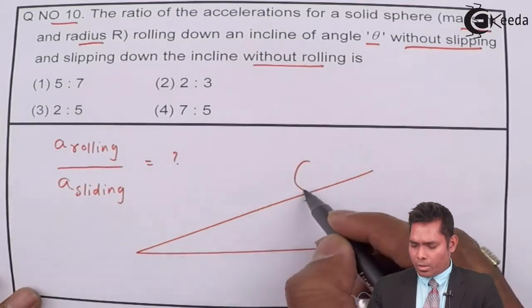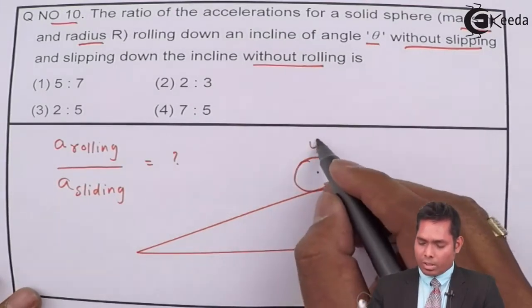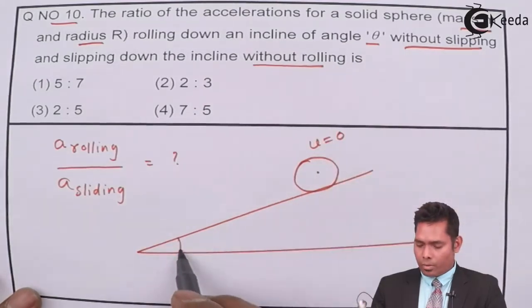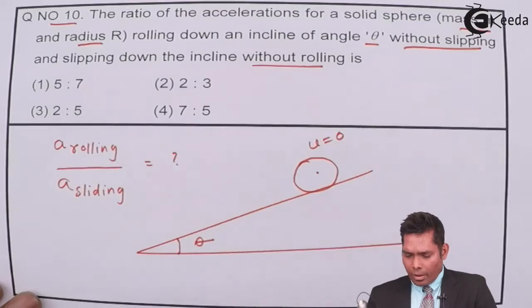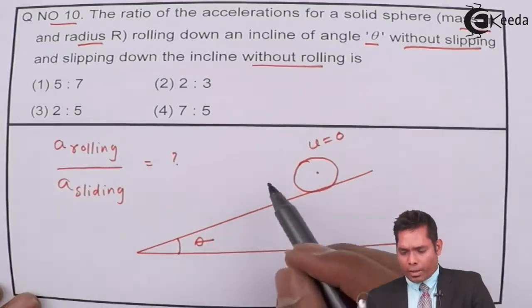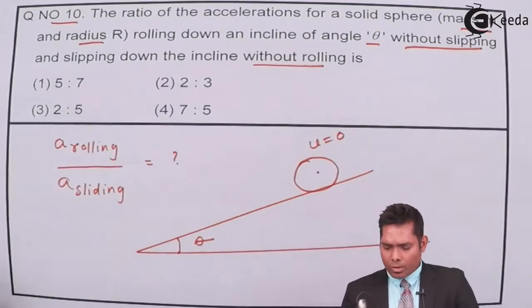The situation is like this. There is a sphere which is released at the top with initial velocity 0, on an incline of angle theta, and you have to find the acceleration.